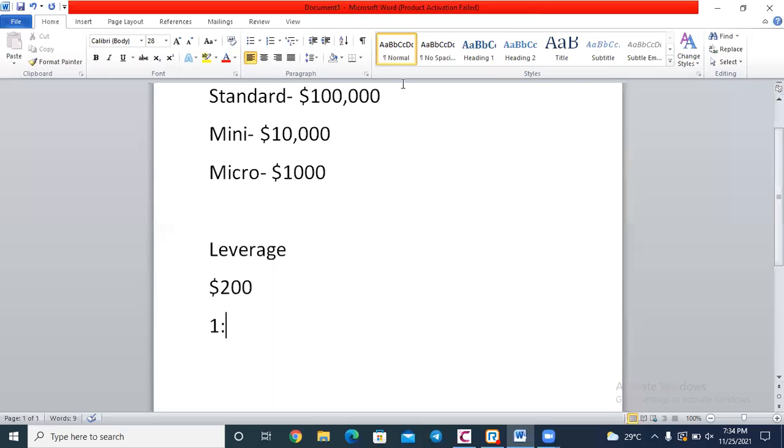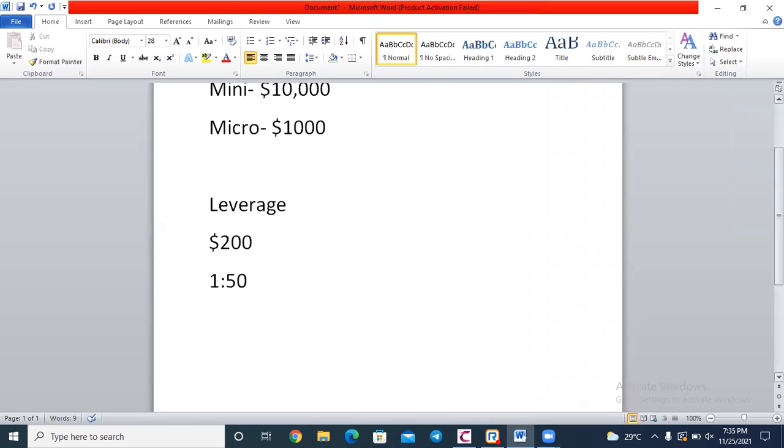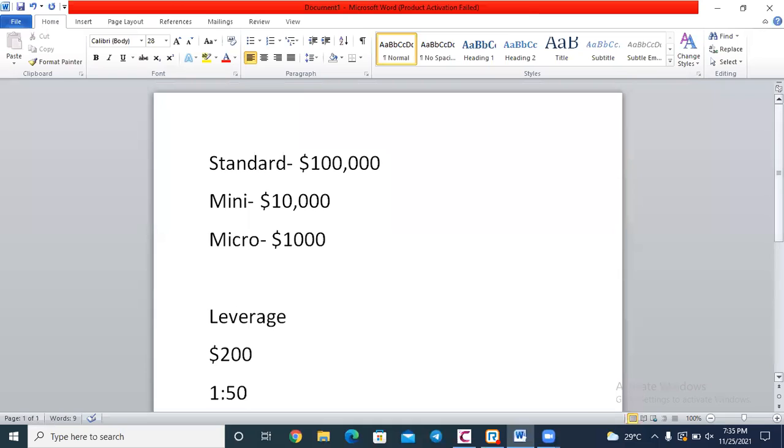What leverage would I apply for? That should be 1:50. Not 500. It's 1:50. 200 times 50. That's 10,000.